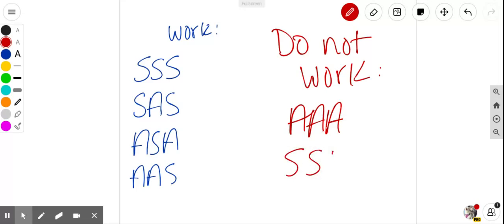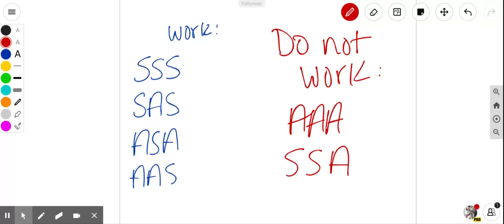Also side, side, angle, or angle, side, side. However, I'm not going to write it as angle, side, side, because think about what that would spell. A lot of times that's the way kids remember which one doesn't work, the one that spells angle, side, side. Anyway, that's that for congruent shortcuts.